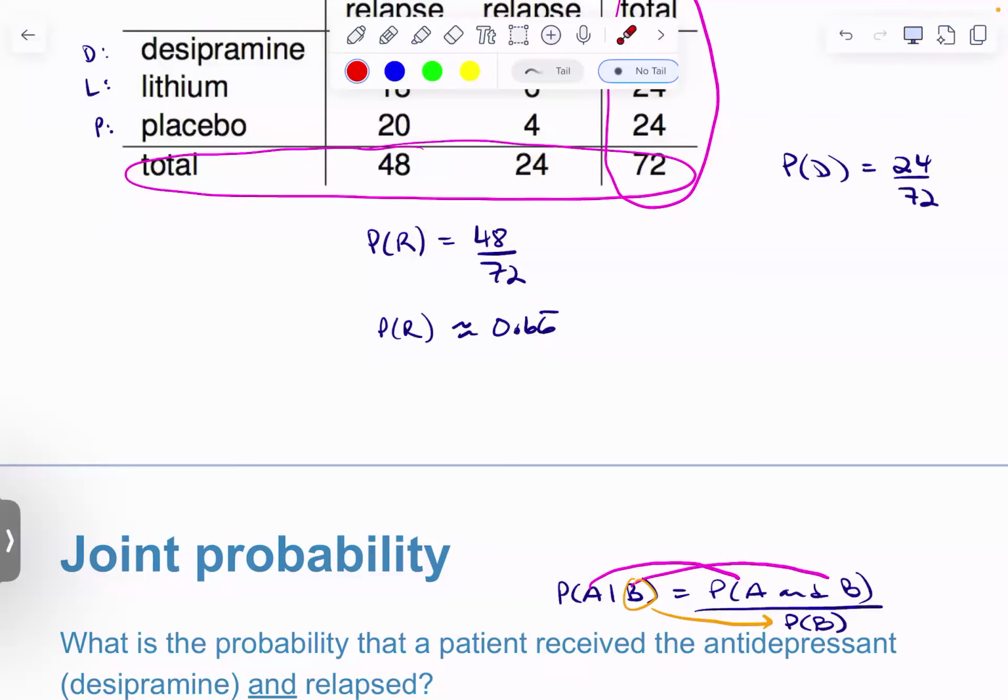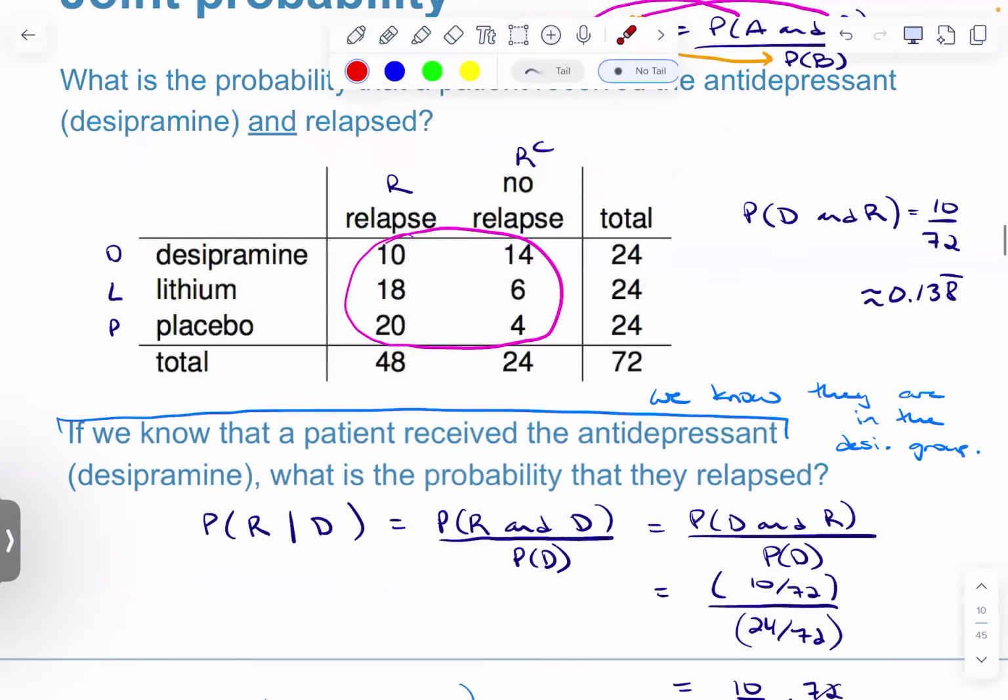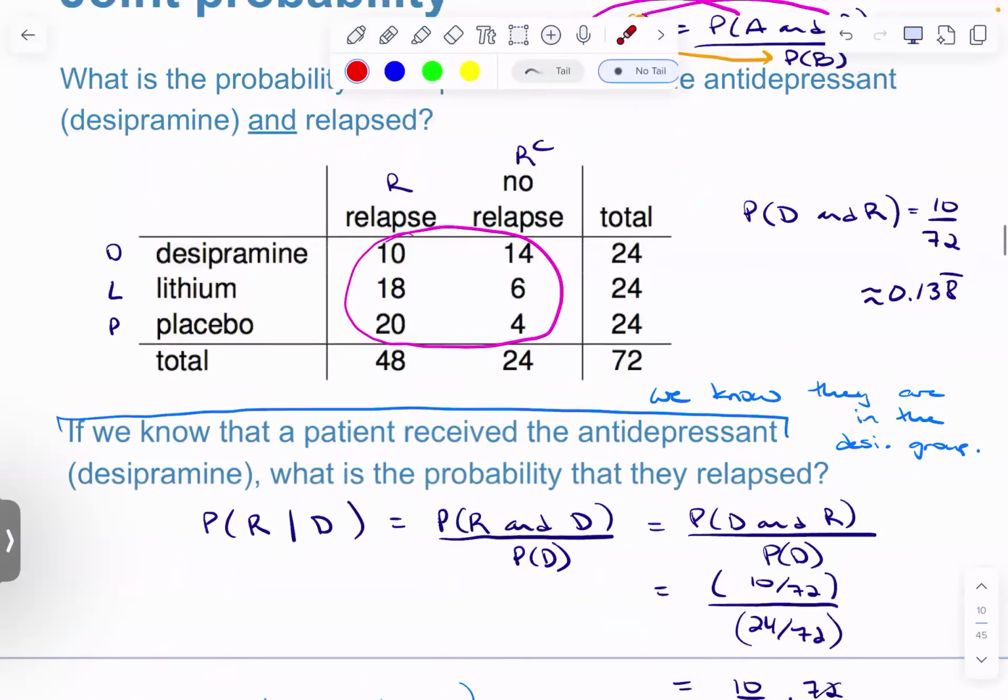So what you can do, I wanted to show you the formula way, because the formula way will always work. But I suspect what you mean is, okay, well, if I know that they're in the desipramine group, doesn't that restrict me to here? I think is what you're getting at. Yeah, and it does. And you can totally answer it this way too, right?